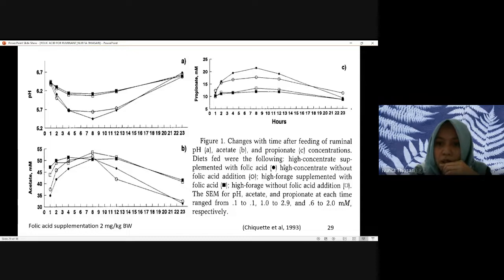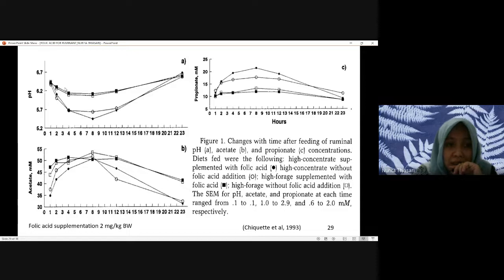I'm sorry. The black dot is high concentrate supplemented with folic acid, and the white dot is high concentrate without folic acid. The black square is high forage supplemented with folic acid, and the white square is high forage without folic acid addition.